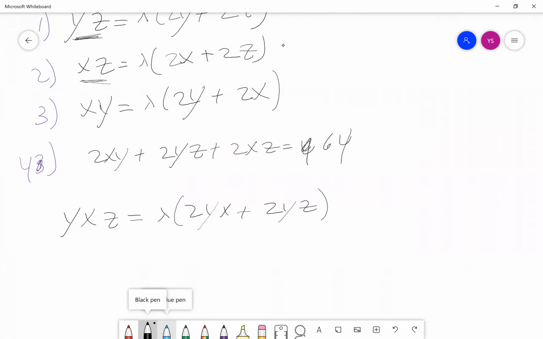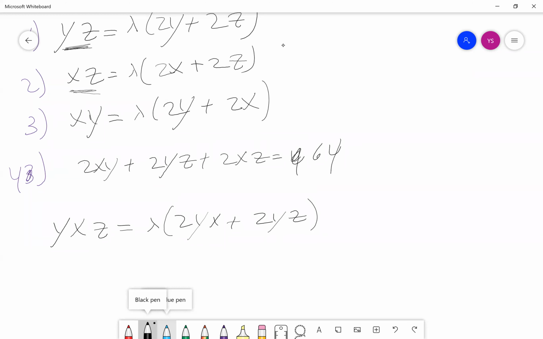Okay. From number 2, in the first one, I multiplied it by x. So 2x.